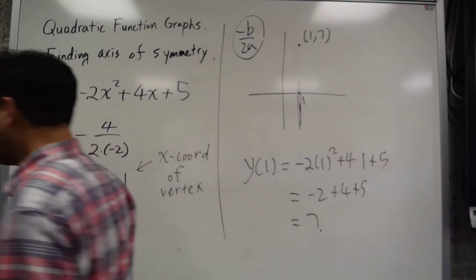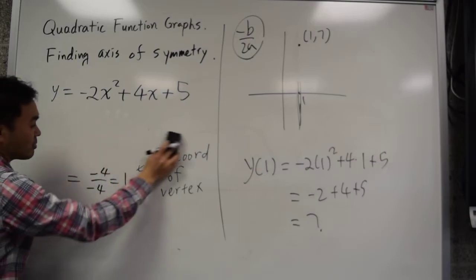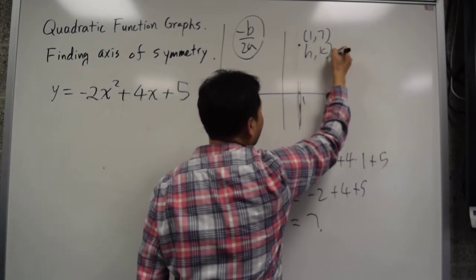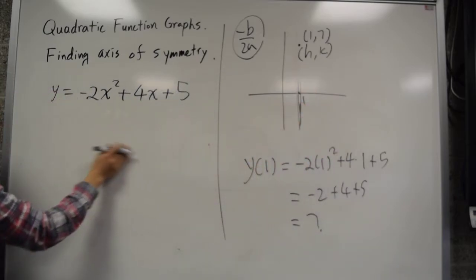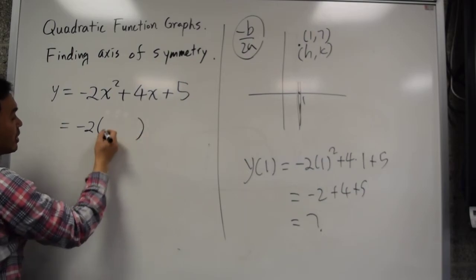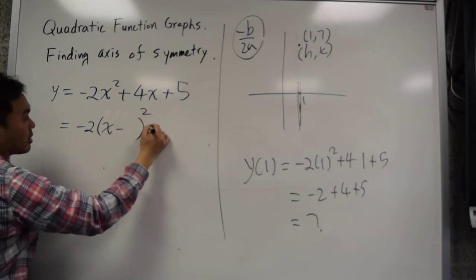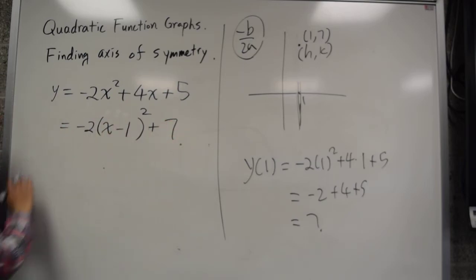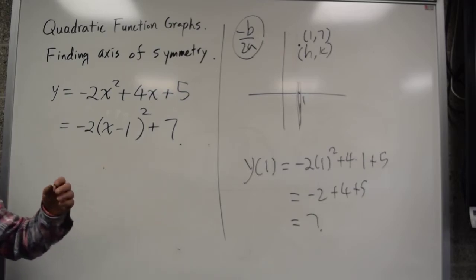And you know what? This actually tells us the vertex form, because I know that this is h comma k, and if you change this into vertex form, this would be negative 2 times parenthesis x minus h squared plus k, and h is 1 and k is 7. So we're kind of reversing the process.